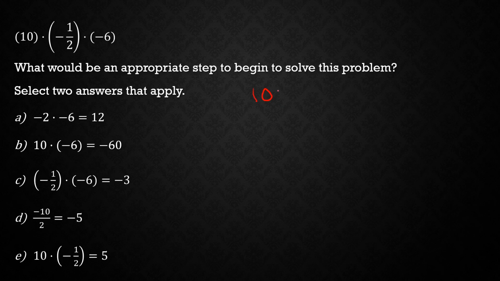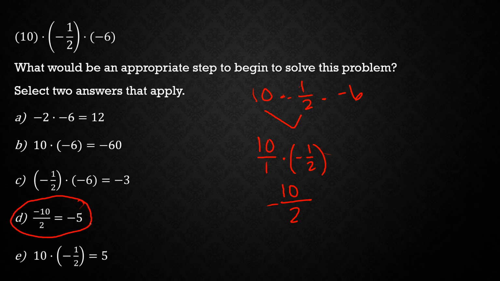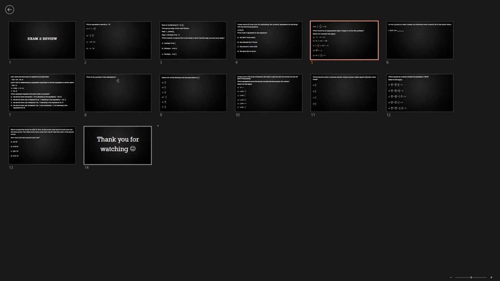So if I have 10 times -1/2 times -6, I could choose to multiply these two first, right? So I have 10 over 1 times -1 over 2. When I multiply straight across the top, 10 times 1 is 10. The bottom, 1 times 2 is 2, and this is negative. That is this one right here. So that is one option I could do.